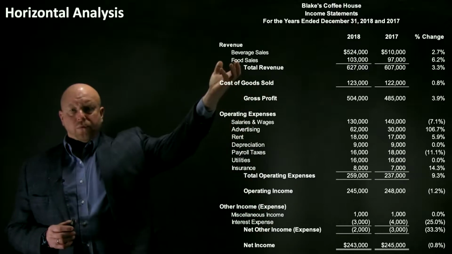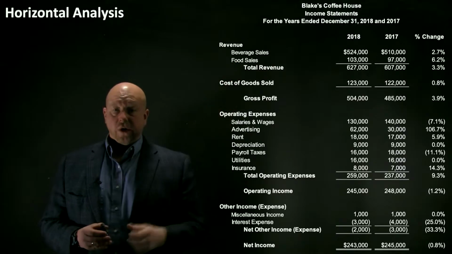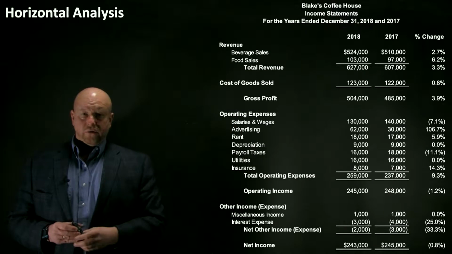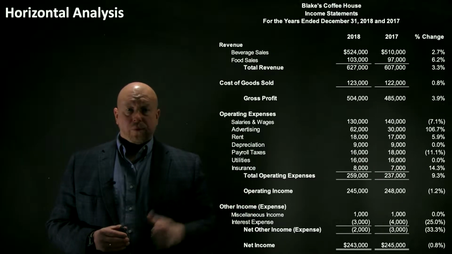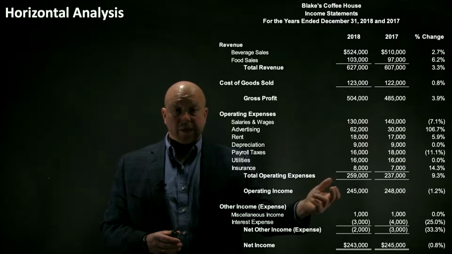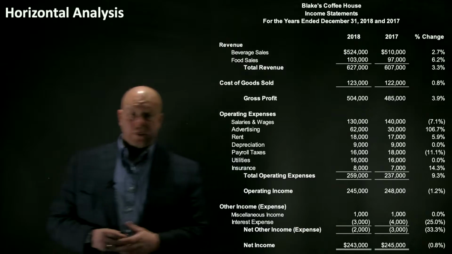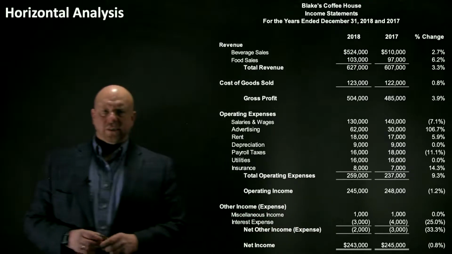We've got some revenue from selling food and beverages. Obviously, you have to subtract cost of goods sold to arrive at gross profit. We have operating expenses here. That boils down to an operating income. Gross profit minus operating expenses equals the operating income. Then we have a couple of non-operating items at the bottom.